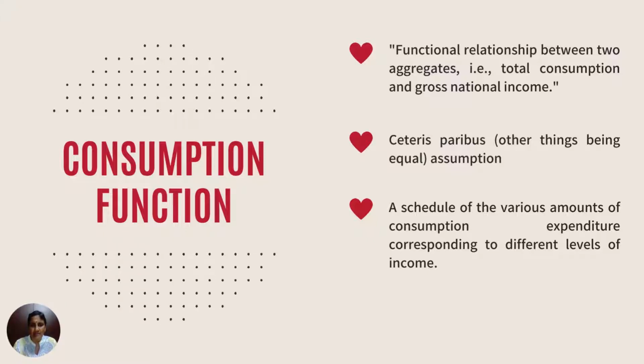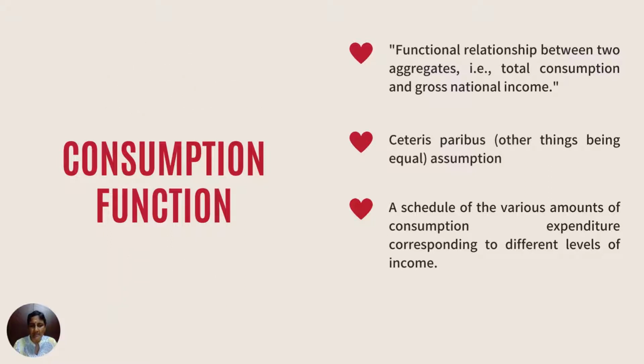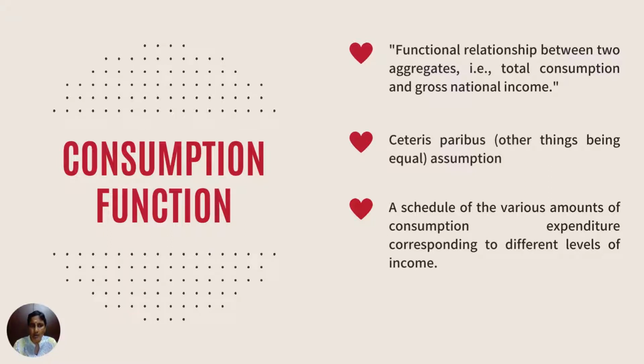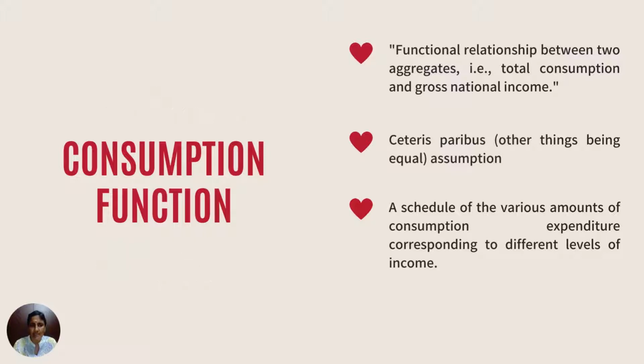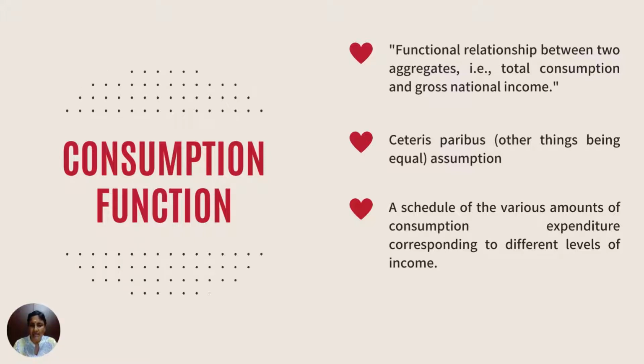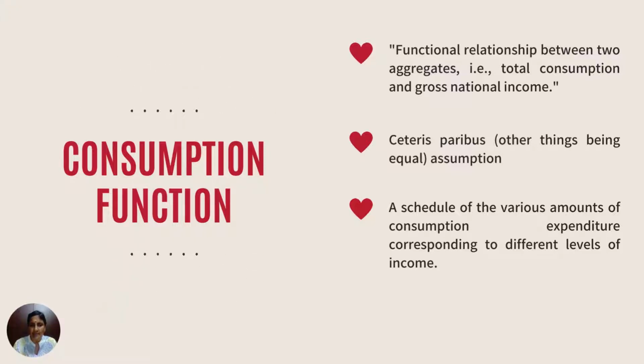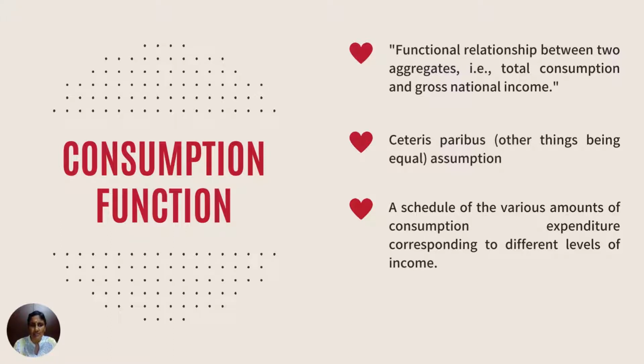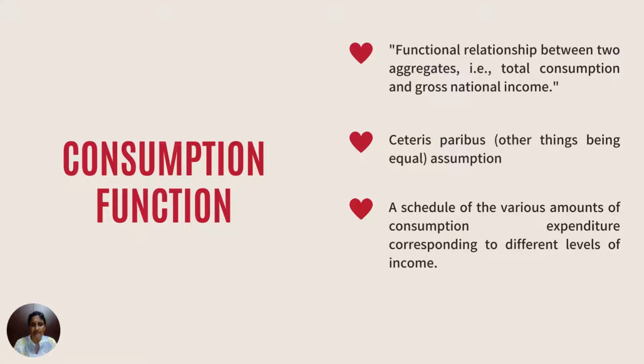As such, only income-consumption relationship is considered and all possible influences on consumption are held constant. The consumption function is a schedule of various amounts of consumption expenditure corresponding to different levels of income.